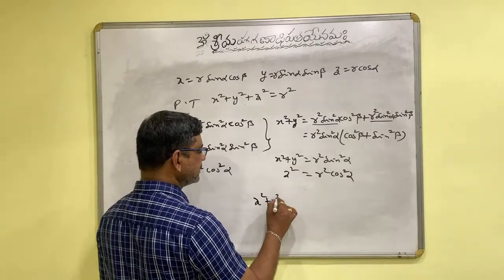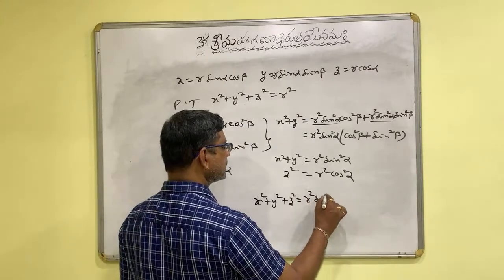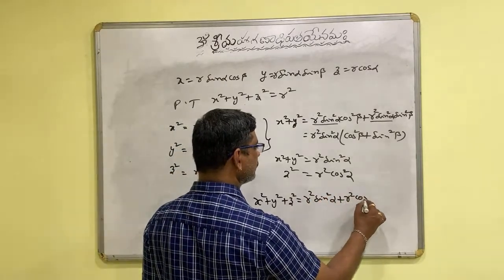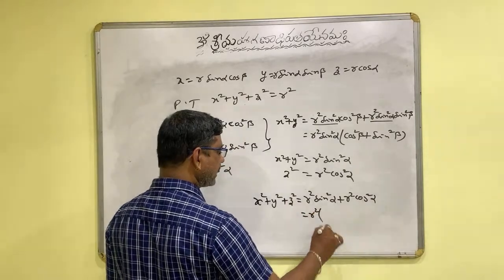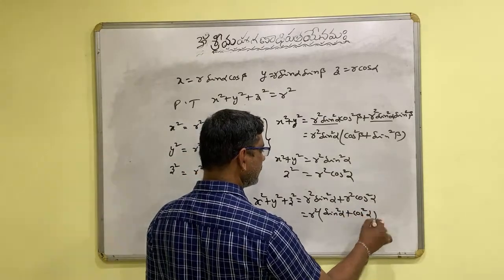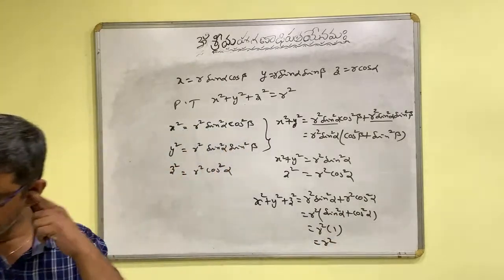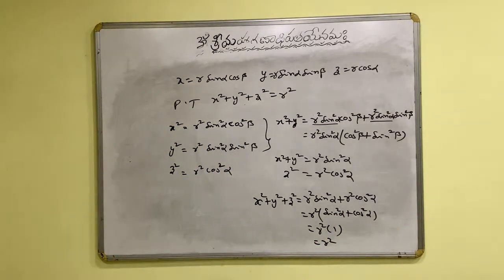So x square plus y square plus z square is equal to r square sin square alpha plus r square cos square alpha. You take r square common. Sin square alpha plus cos square alpha is 1, so r square into 1. R square into 1 is r square. So x square plus y square plus z square is equal to r square.